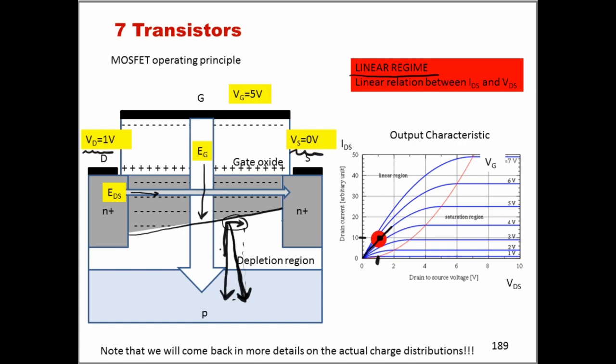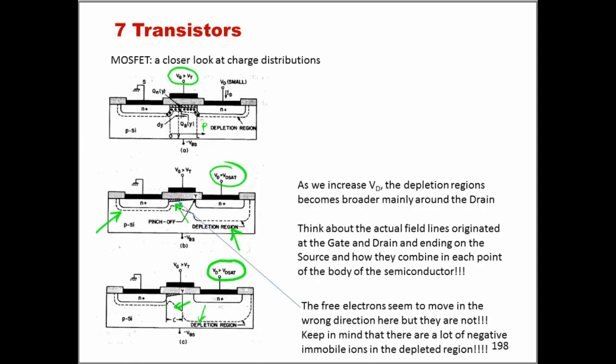So it's not a problem. But when we look into more details to what is really happening, what we need to realize is that the inversion layer actually is pushed toward the source because there is a huge depletion region on the drain side.